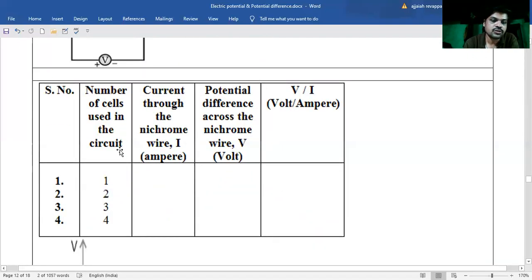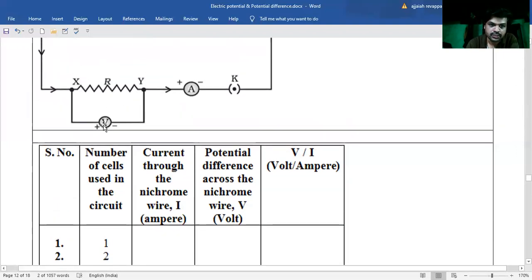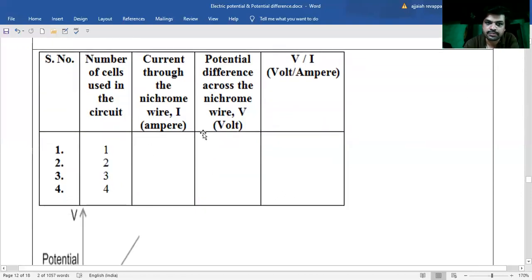When you are doing this experiment in the lab, which is in the syllabus, you have to record the voltmeter and ammeter readings in the tabular column. Serial numbers are in the first column, then the number of cells used in the circuit. So when one cell is connected, 2 cells, 3 and 4.